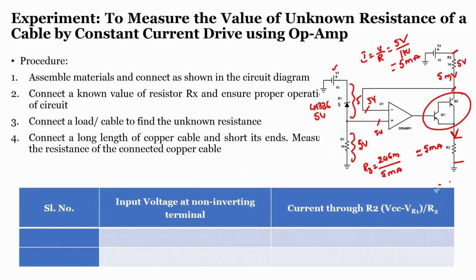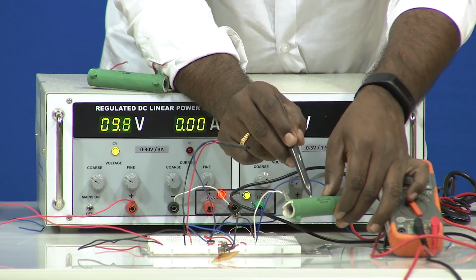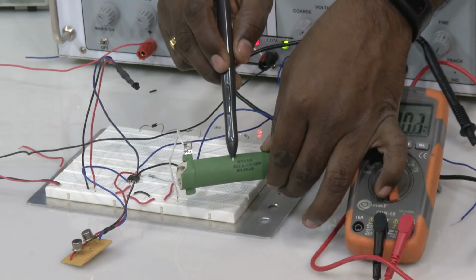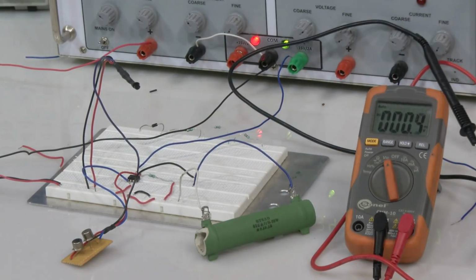So what is the resistance that we have connected? When I look at the resistance, it is 50 ohms. When I look at the resistance on the circuit, here if you see, it is 50 ohms, right. So the value we got is also almost the same.